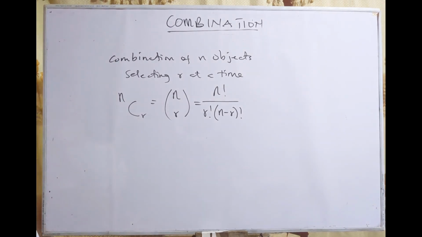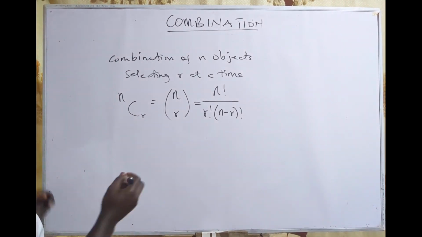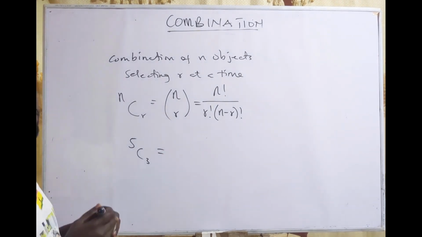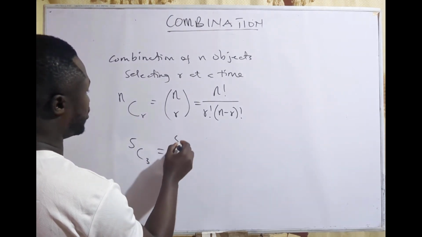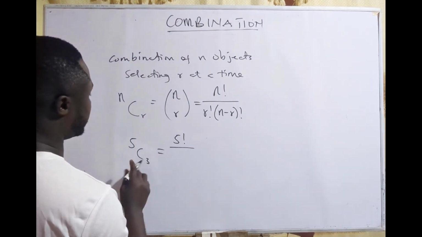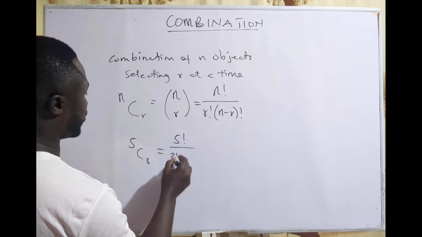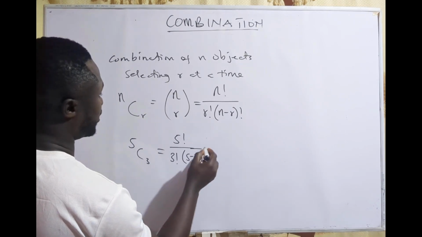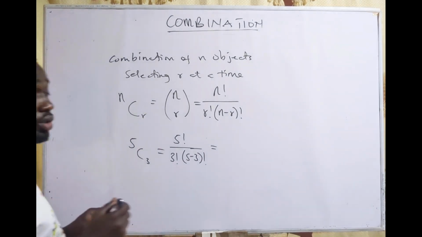All right, so let's say I have 5 combination 3. How do I simplify 5 combination 3? 5 combination 3 is 5 factorial divided by 3 factorial, and then 5 minus 3 all factorial. Watch how we are going to do it.